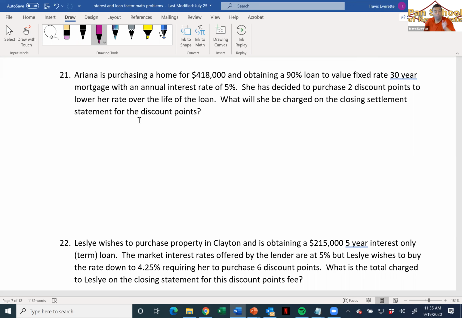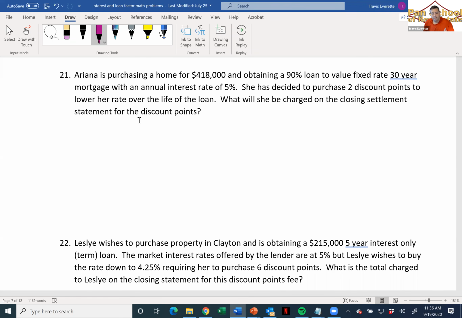A lower interest rate for the whole life of their loan. So we call it buying the rate down. It's basically bribing the lender to give you a lower interest rate. I'll give you something right now, so you just give me a lower rate and take care of me for the next 30 years. That's what discount points are.